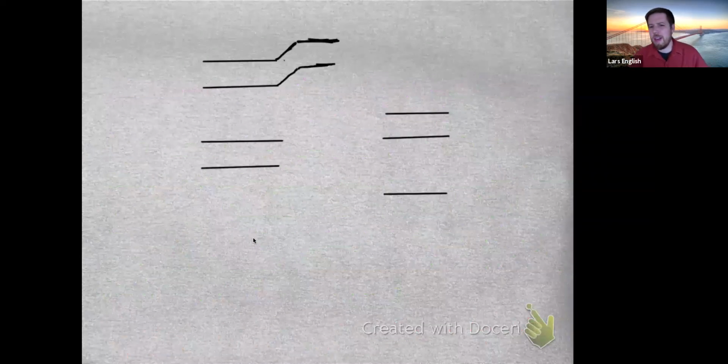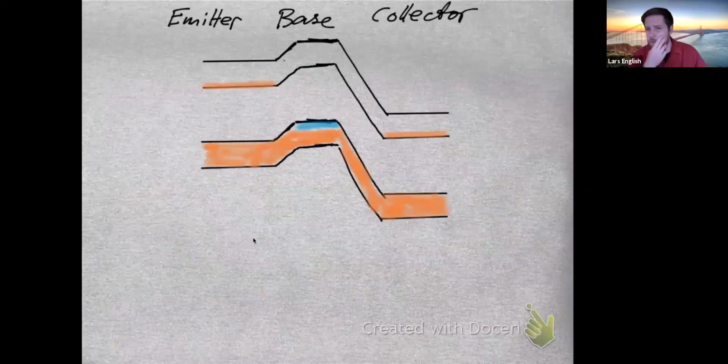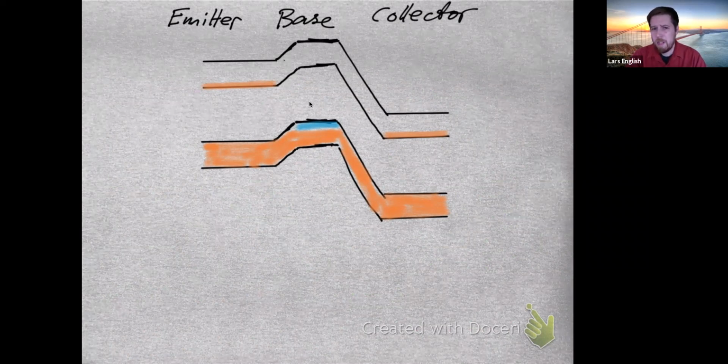So let's take a look at it. This is our situation now, but it's no longer symmetric. I have put this voltage there, okay, between the emitter and the collector. In other words, the collector is hooked up to the positive end of the battery, and so we drop down in energy as far as all these levels are concerned. All these bands are dropping down.